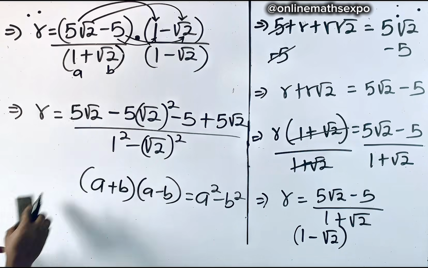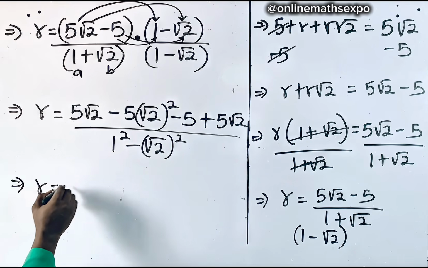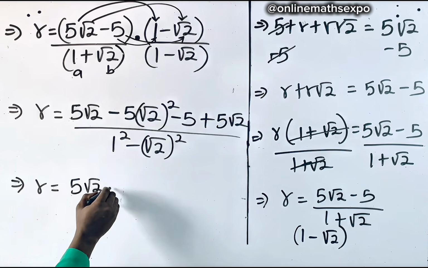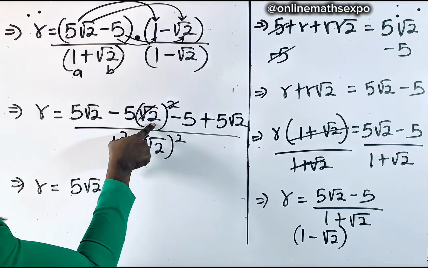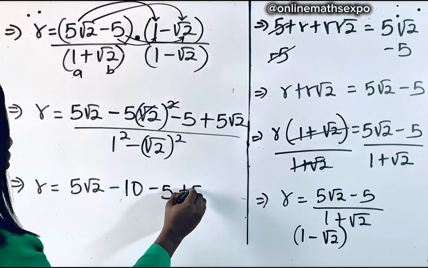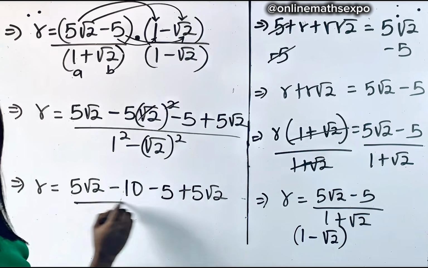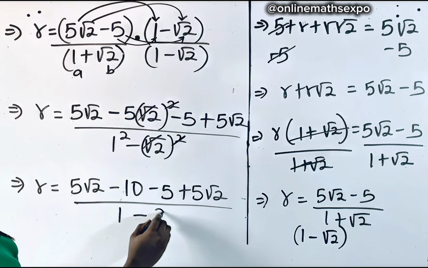Keep solving. We are now going to have r is equal to 5 root 2 minus, this square we cancel the square root, you have 5 times 2 to give you 10, minus 5 plus 5 root 2, and that is divided by 1 squared is 1, and this we cancel, we have 2.